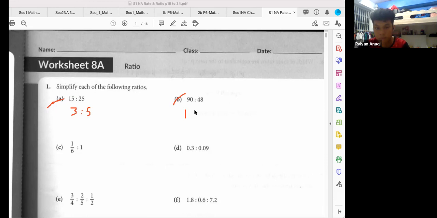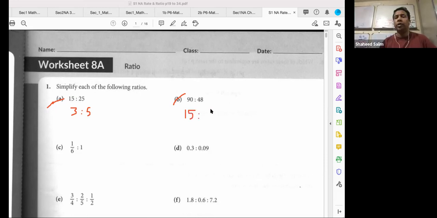Okay, good. So you cannot reduce further. Now, for ratio, normally people want to see it not in fraction form, because this is to help you imagine. You can imagine 3:5. But 1/6, I cannot imagine. So you must try to make this into 1. Whatever you times this side, you times this side.